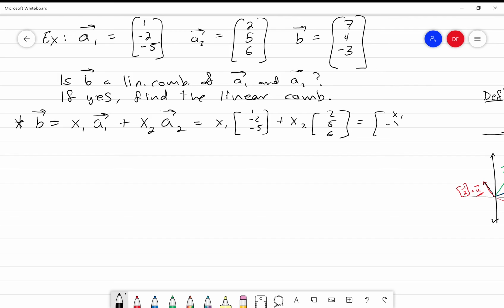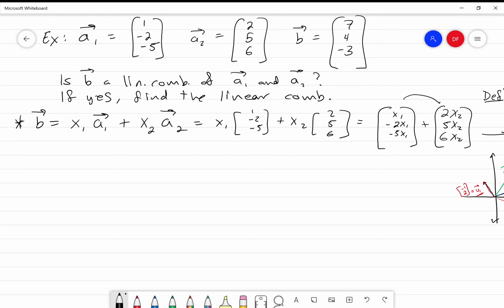which would equal (x1, -2x1, -5x1) plus (2x2, 5x2, 6x2). Okay?